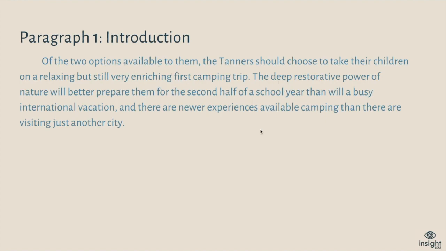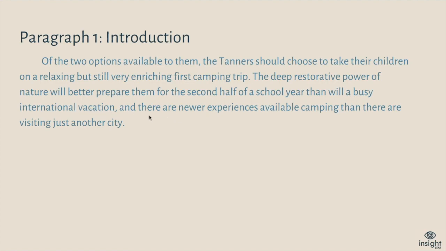And then I say a little bit in the second sentence about what I'm going to write about, really, the considerations that I've highlighted in my paper. Right, and these are all coming from the scratch paper from before. So I mentioned the deep restorative power of nature, again, gesturing to the relaxing criteria, and I compare it to a busy international vacation.